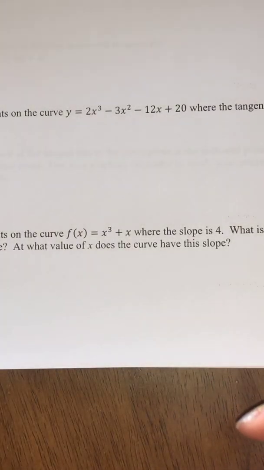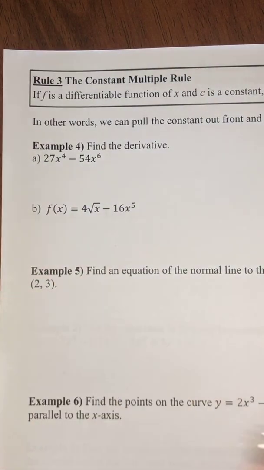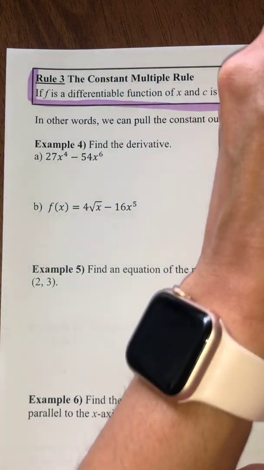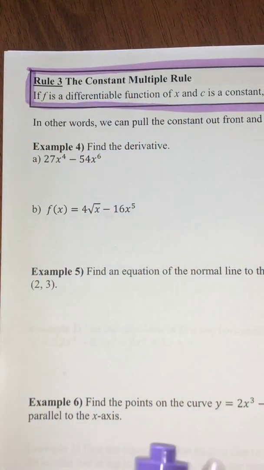All right, next page. Rule number 3, the constant multiple rule. What color have I not used yet? Purple, make it purple. The constant multiple rule. Let me zoom out a little bit.